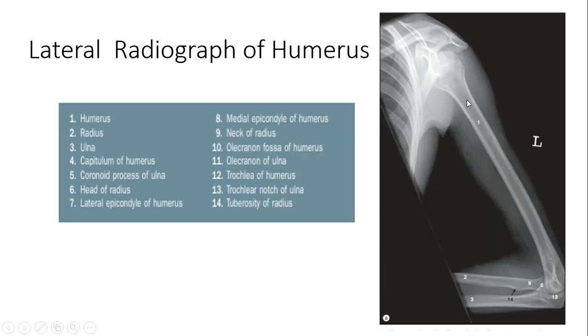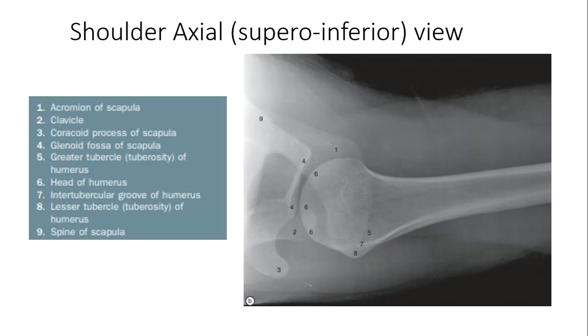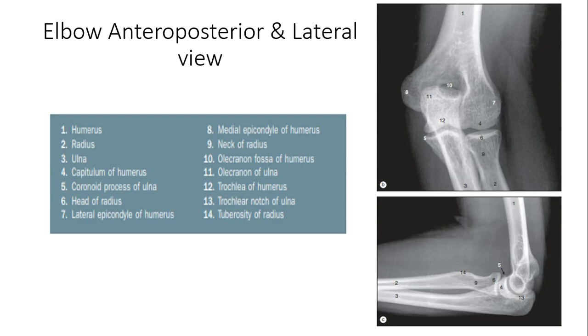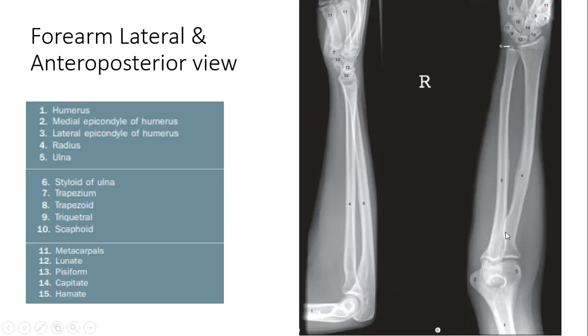Proximally, it forms the shoulder joint. At the distal end, it forms the elbow joint with the bones of the forearm, which are the radius and ulna. At their distal end, they form the wrist joint with the carpal bones, the proximal carpal bones and then the distal carpal bones.